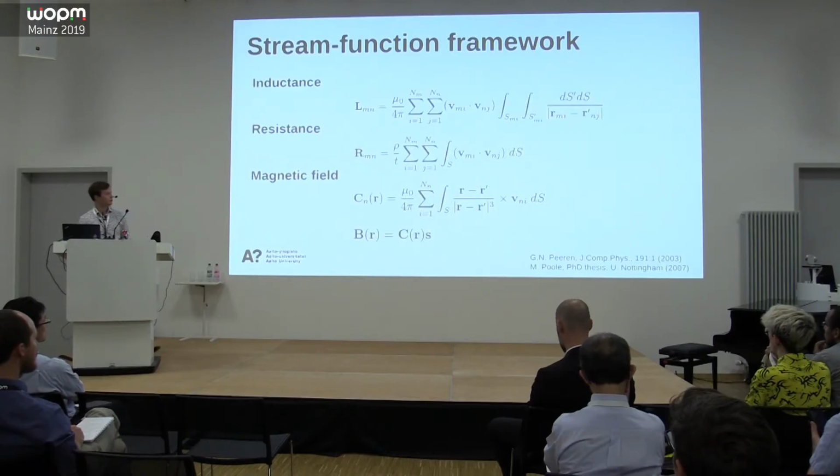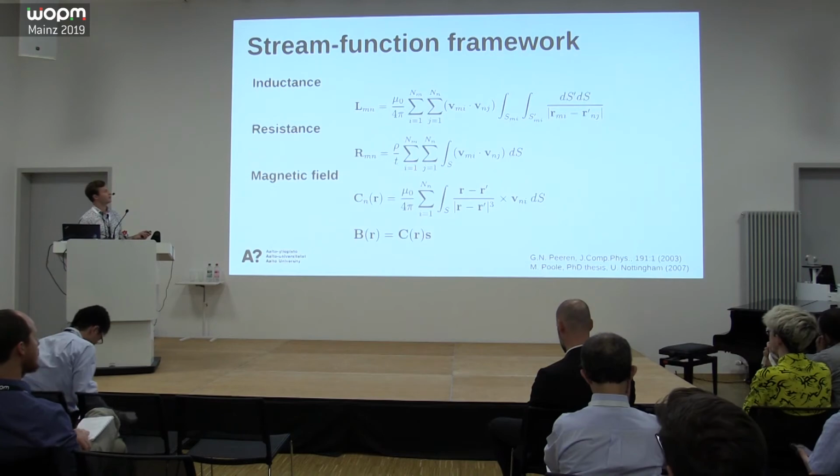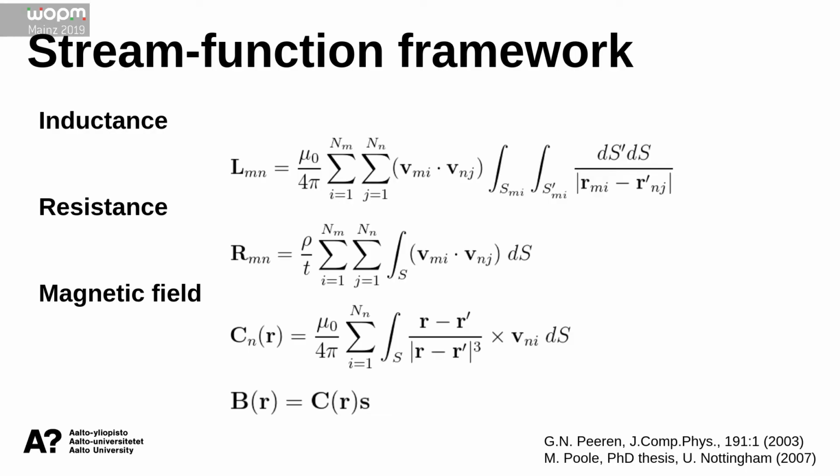I'll just quickly show you the equations. You don't need to look at these too closely. So for example, inductance and resistance, these are matrices. M and N correspond to the square matrices, and they correspond to the node indices. And what you see here is these V basis vectors, some surface integrals that in the implementation then become quadrature points and areas, and just coordinates, geometry mostly.